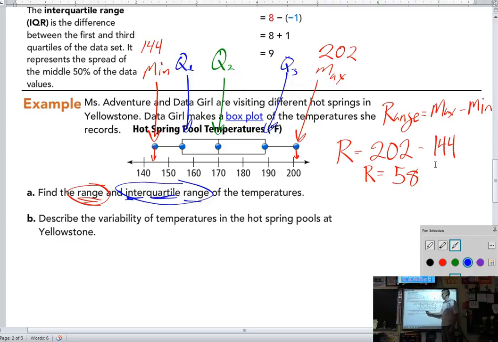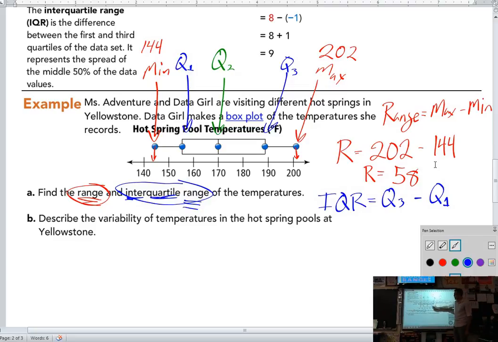And it wants the entire range of the quartiles. So which quartiles do we use for the IQR? What subtraction are we going to do? We know with range we do a subtraction. Yeah, quartile 3 minus quartile 1. So please rewrite that, the Q3 minus Q1, so you are aware.